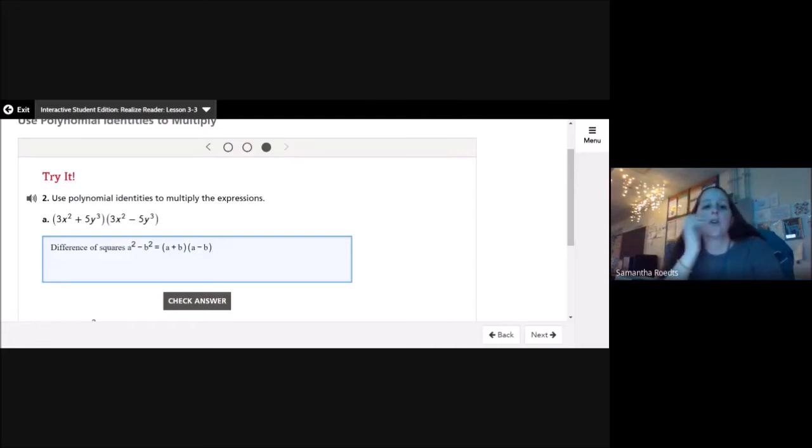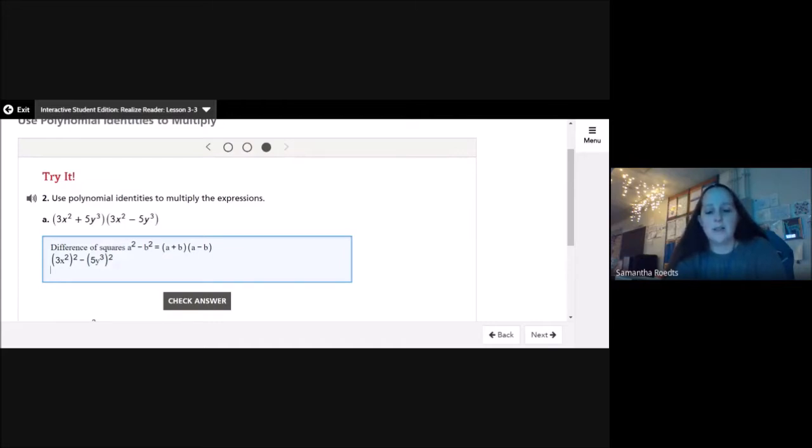Okay, so when I do this, I get the first number squared minus the second number squared. So 3x squared, minus y cubed.